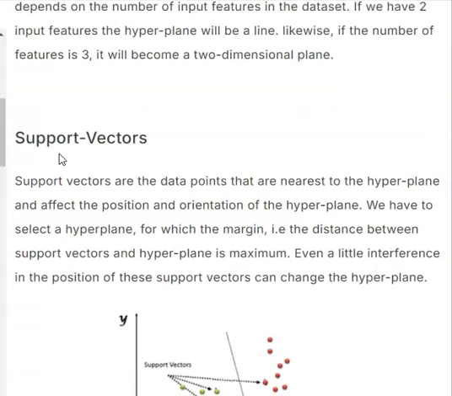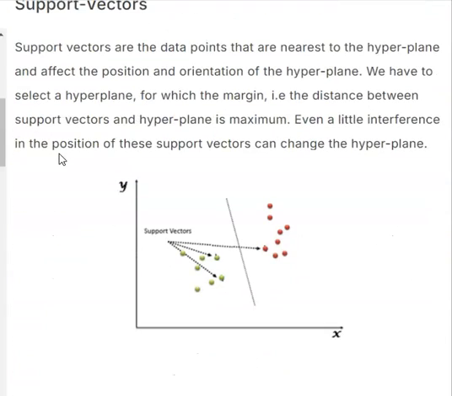Then the next one is support vectors. What are support vectors? That's the next question. Assume that there are two classes, red color as well as green color data points, and I just want to make the classification. With just a line, I'm trying to separate them into two different classes.